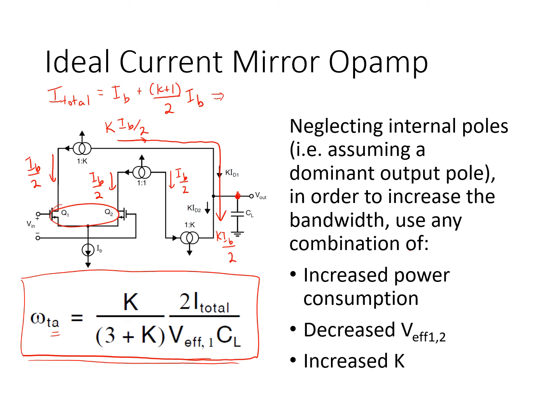And if we want to design the amplifier to maximize the bandwidth with this power constraint, our total current consumption limited to I total, there's not too much we can do. I mean, more power would allow us to increase the unity gain frequency, but if we don't have that option open to us, then as was the case in the folded cascode op-amp, the other thing we can do is ensure that we're biased with a low value of V effective 1 and 2.